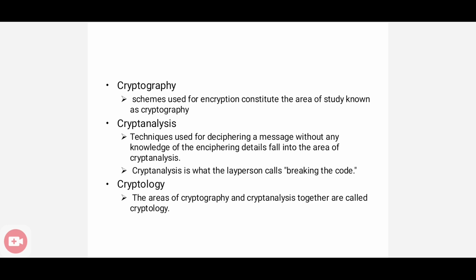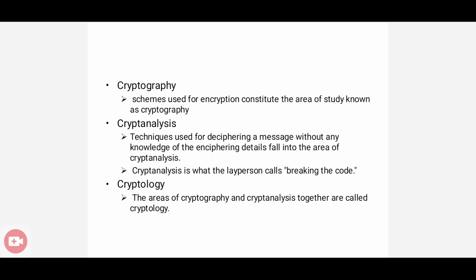And what do you mean by cryptology? Cryptology is a combination of cryptography and cryptanalysis. Cryptography is the study of encryption and cryptanalysis is the study of decryption, breaking the code. All together, the combination of cryptography and cryptanalysis is known as cryptology.